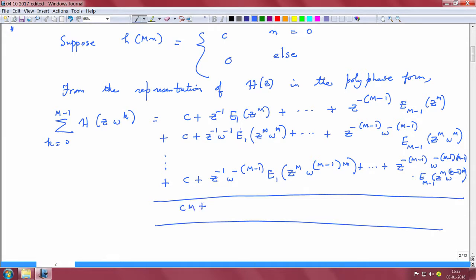plus. So, if you look at this term here, E1 of z power M, you have E1 of z power M times omega power M. Omega power M is basically 1. Similarly, if you just take integer multiples of those, they will all be 1. So, you will have E1 of z power M appearing outside. So, you will have z power minus 1 times you have to add 1 plus omega power minus 1 plus dot dot dot omega power minus of M minus 1 times E1 of something plus these terms.